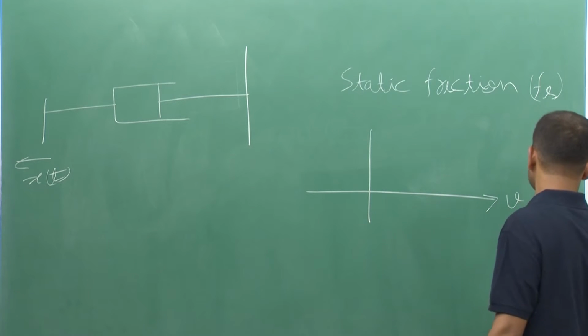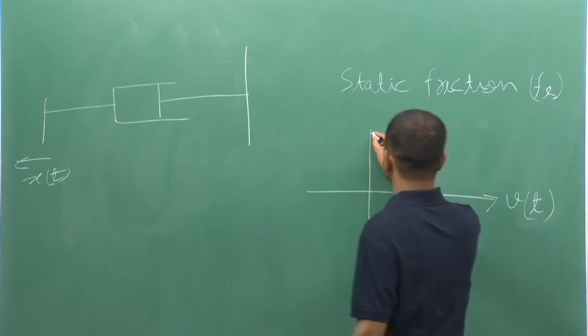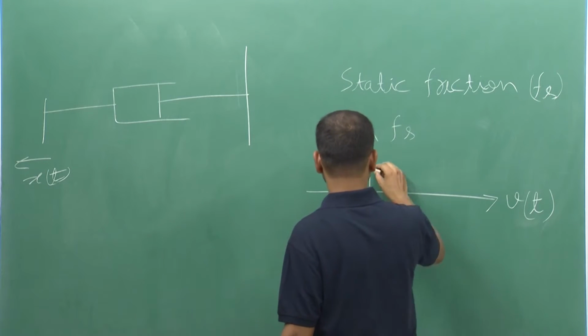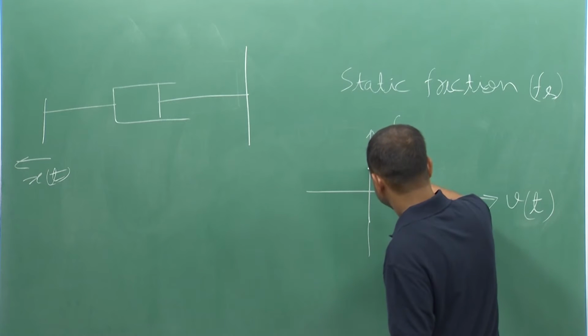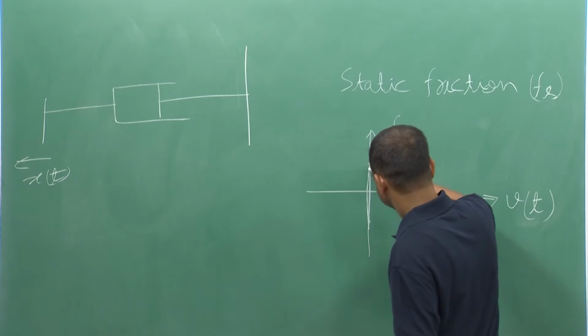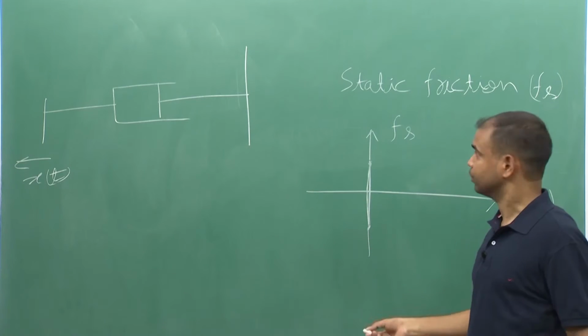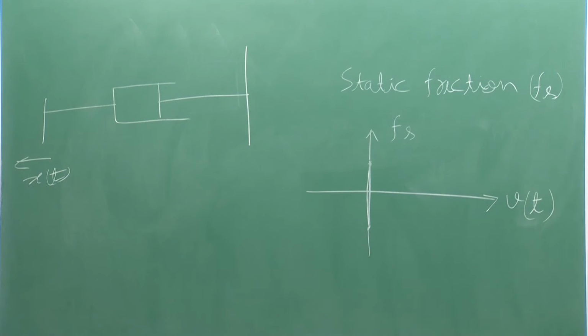If I plot it, suppose this x axis is the velocity axis and this is my friction F of s. It is something like this. Whenever there is velocity, it will be 0. The second type of friction is viscous friction.